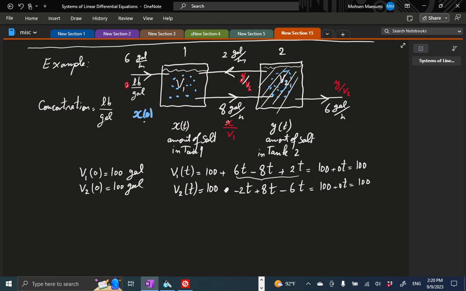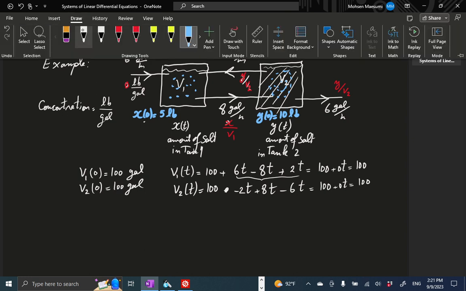Perhaps I assume that this one has 5 pounds of salt in it, and this one perhaps has 10 pounds of salt in it. Some numbers given. So in addition to the pump information, we have to give the initial configuration of the tanks, how much salt is in it, and the initial volume of the tanks, how much water was in it.